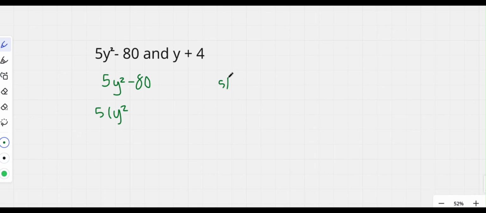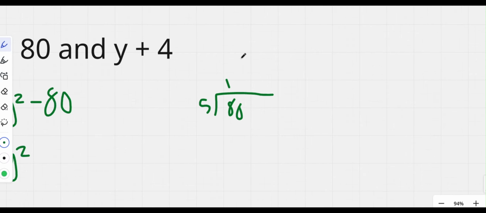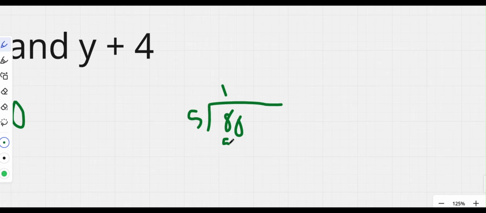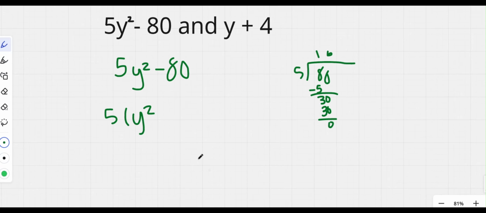5 divided into 80. 5 goes into 8 once. Then we have 3 left over. 5 goes into 30 6 times, so it's 16 times, not 18. So we have 5 times y squared minus 16.